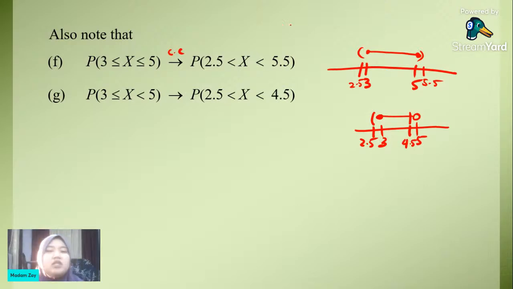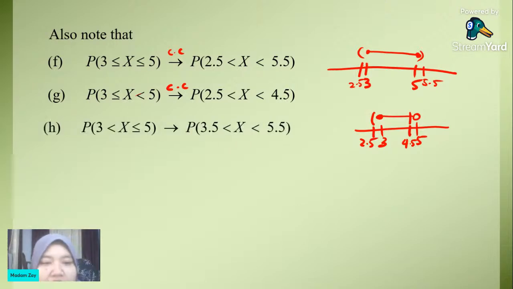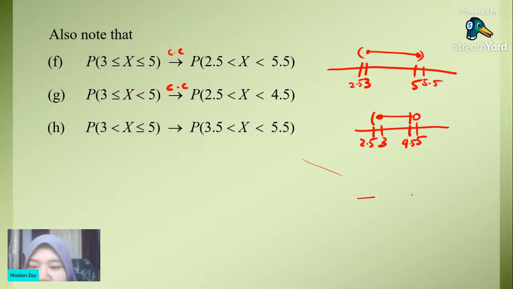That's why probability of 3 less than or equal to x less than 5, after the continuity correction, will be probability of x in between 2.5 and 4.5. And then probability of x, so now here 3 is not included but 5 is included.